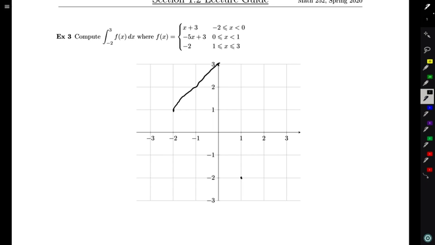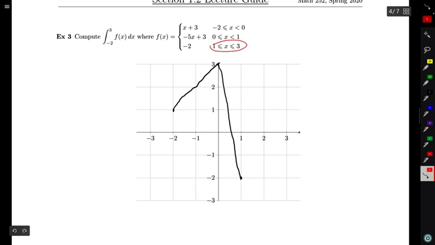So we're going to have the straight line passing through these 2 points. And the last section that we're looking at here are the x values between 1 and 3. Our y value is -2, and in fact it's always -2, so we have a constant function here off to the right.